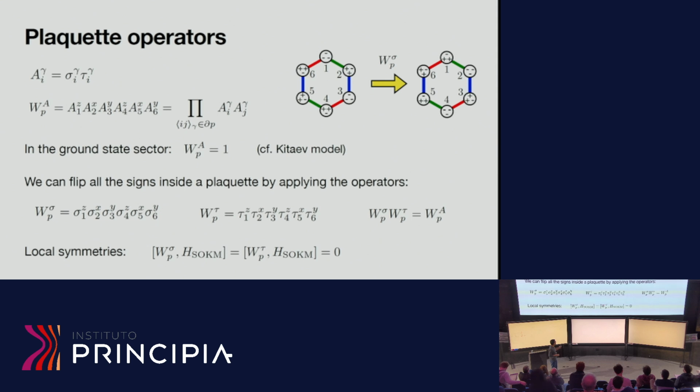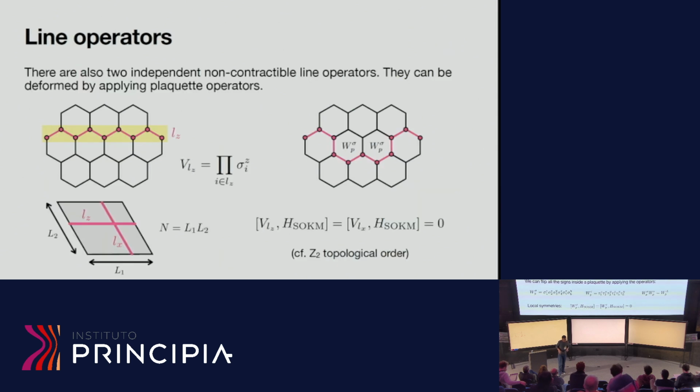This will give you plaquette operators, W sigmas and W taus, that commute with the Hamiltonian for this spin-orbital model. They're not really independent, because the product of these is just the W that I was talking about before. So we have these plaquette operators, the W sigmas, on every plaquette.